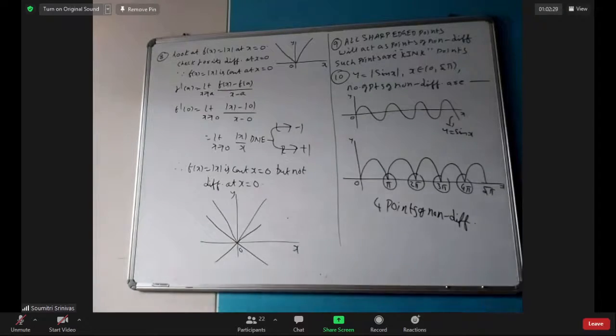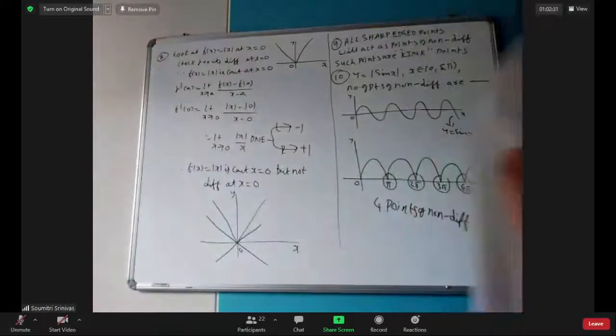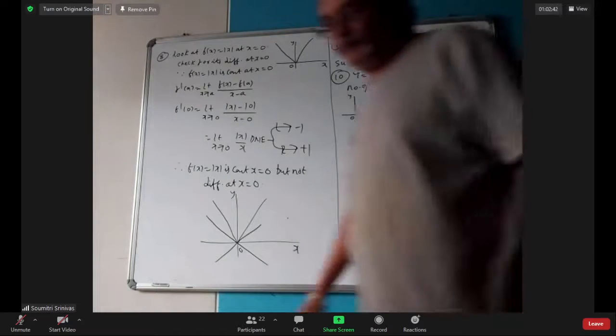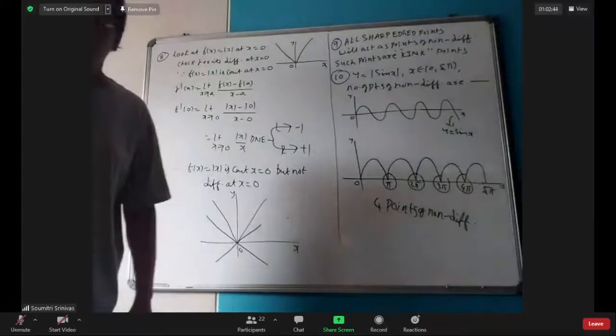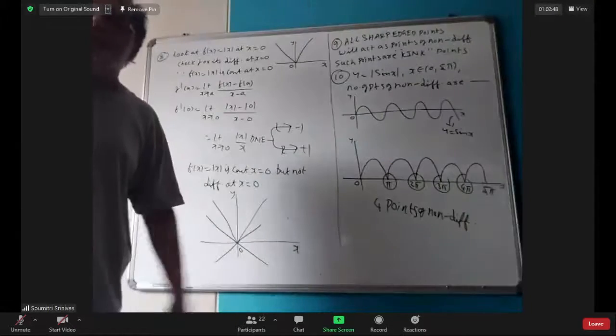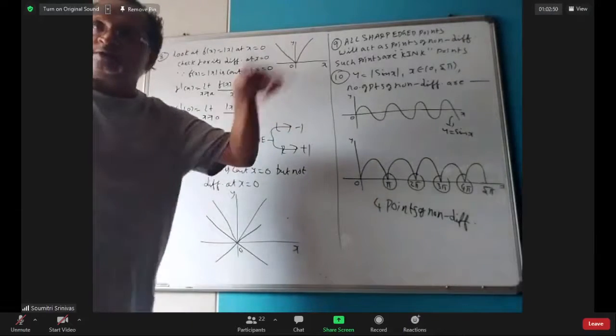You draw a curve on your own, draw a sharpest point. Can you draw a unique tangent passing through that point for the curve?